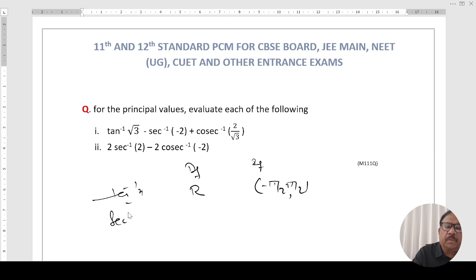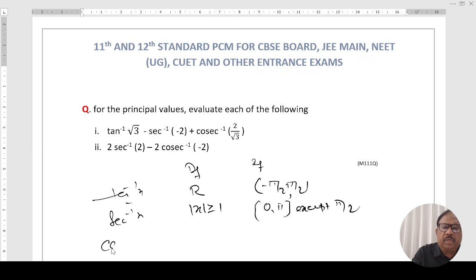Sec inverse x: domain is mod x greater than or equal to 1, range is 0 to pi except pi by 2.